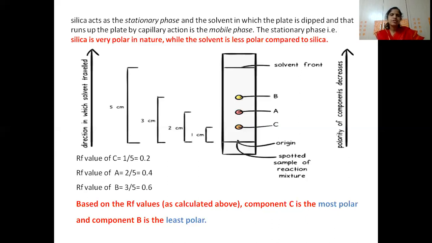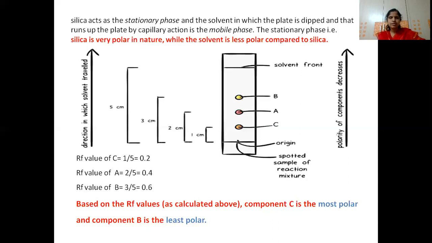So if the separation is not enough, suppose if the RF value is around 0.9 or if it is equal to 1, then what we have to do is we have to change the solvent. We have to change the solvent system. You can take the mixture of the solvent, that is polar as well as non-polar solvents mixture, in 1:1 ratio, 1:2 ratio, any ratio.